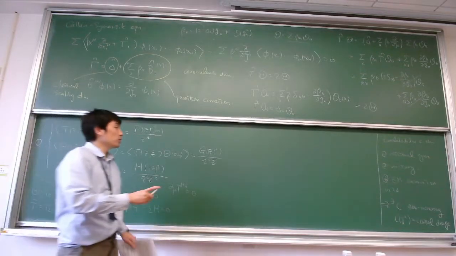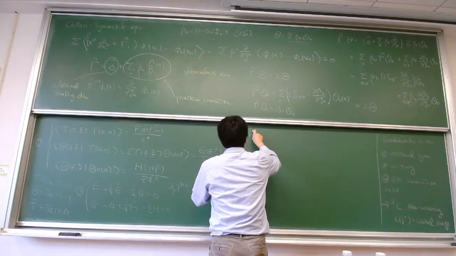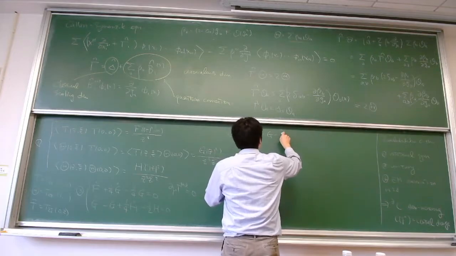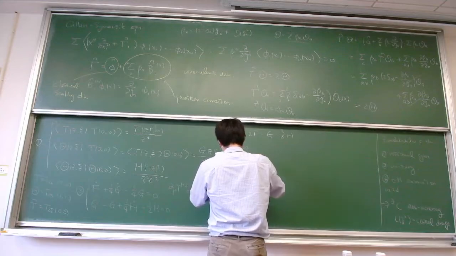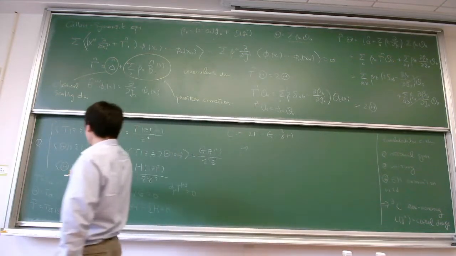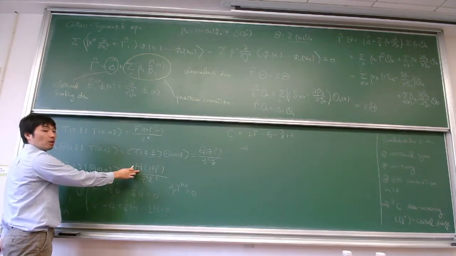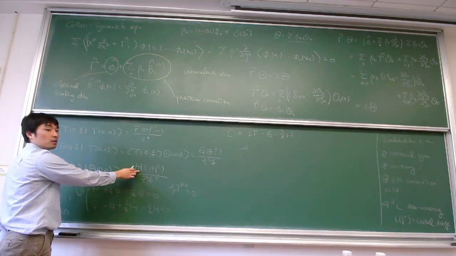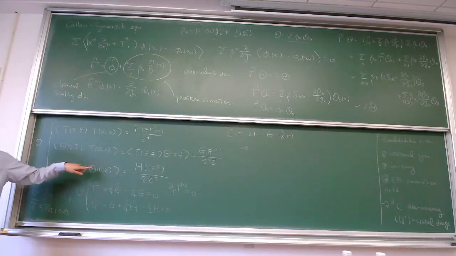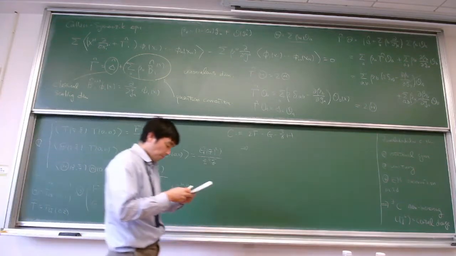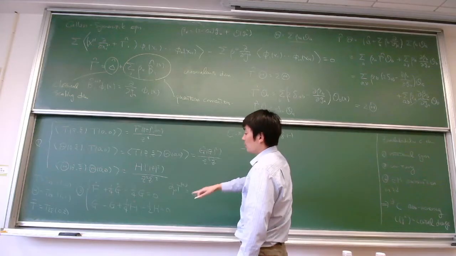Then we introduce the quantity C, defined as 2f minus g minus 3 over 8 h. Then we can show by unitarity that this function h has to be always non-negative, since it's a 2-point function of theta.